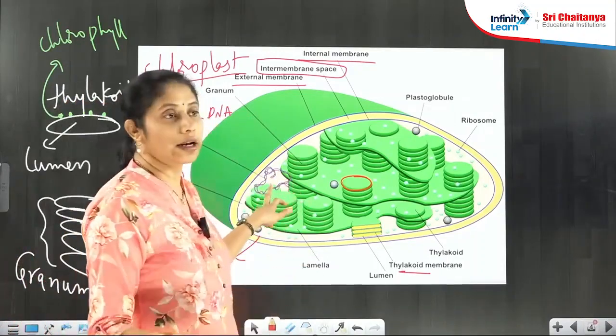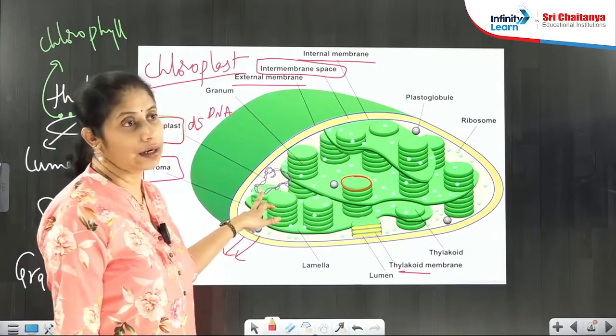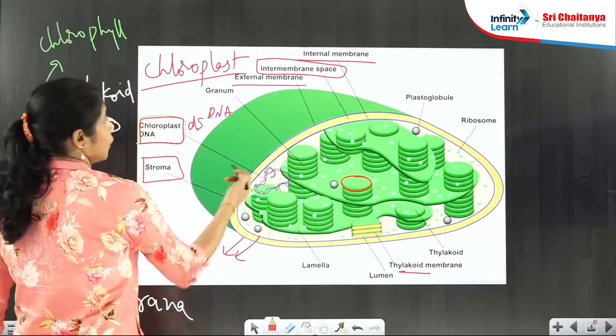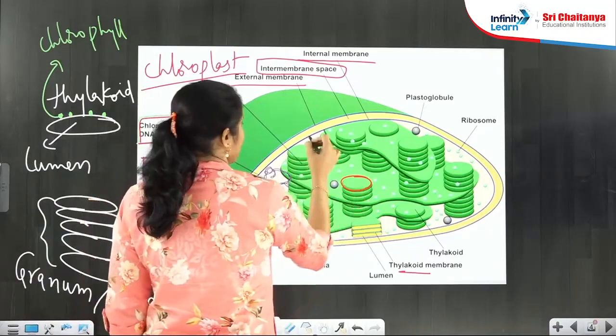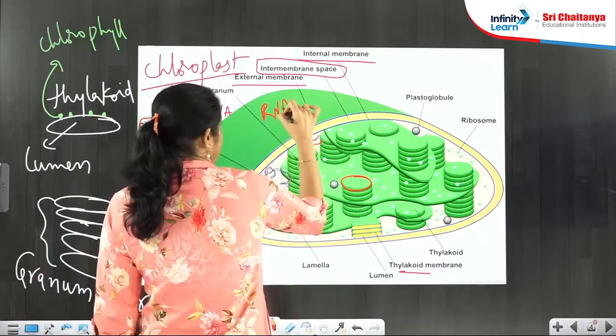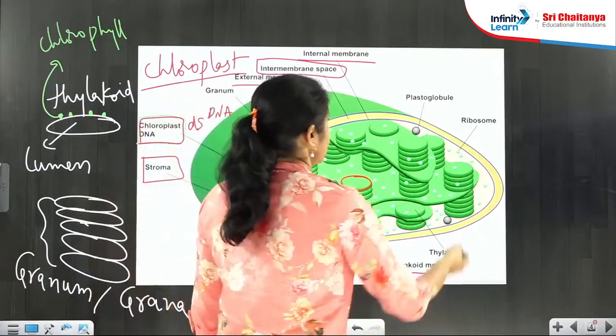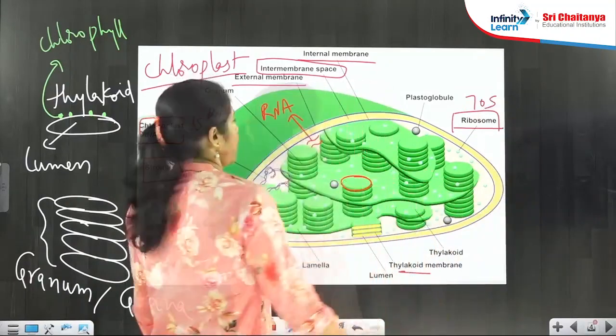You can't see the circular nature very clearly here, but you should remember this is circular double-stranded DNA. And apart from that, you have a few RNA molecules here, like the mitochondria, and we have even ribosomes here, 70S ribosomes.